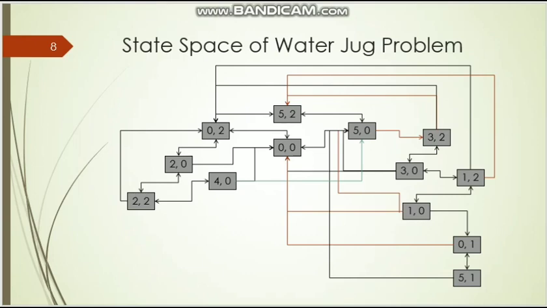Okay, so now one graph has been designed, which is a state space for the water jug problem, and the directions are also given. The direction may be one-sided, or the direction may be bidirectional.